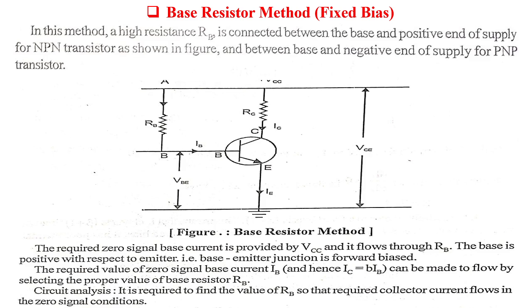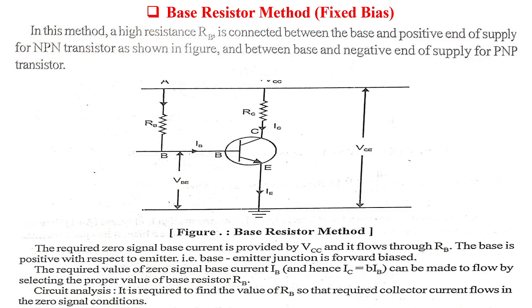This circuit requires one DC supply VCC, as shown in the figure, to set the collector voltage, that is at the collector terminal of this transistor, and the base voltage, that is at the base terminal, relative to the emitter terminal of the transistor.